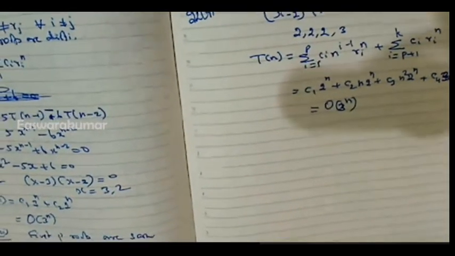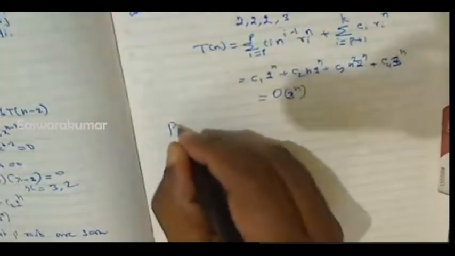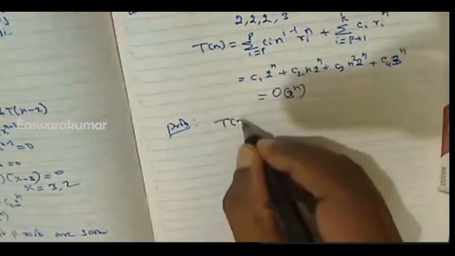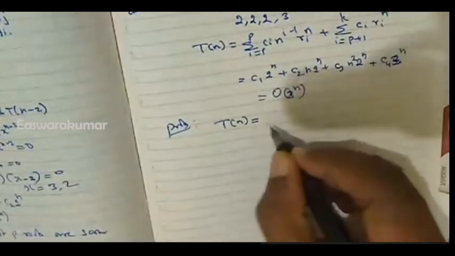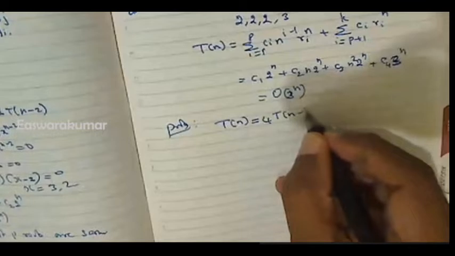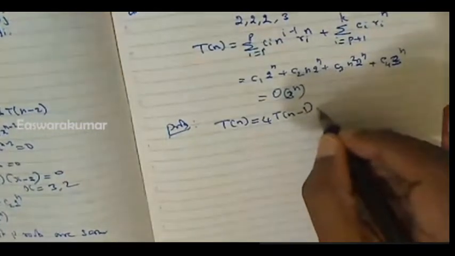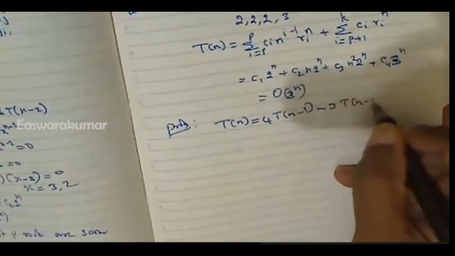Now we can take two more examples. Suppose the recurrence equation is given as T of n is equal to 4T of n minus 1 minus 3T of n minus 2.